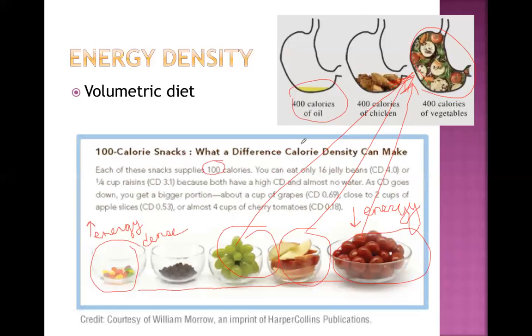When you eat high energy dense foods, they don't take up a lot of room in your stomach, like these jelly beans. And so you don't feel very satiated. You might still be hungry because your stomach is still actually pretty empty.